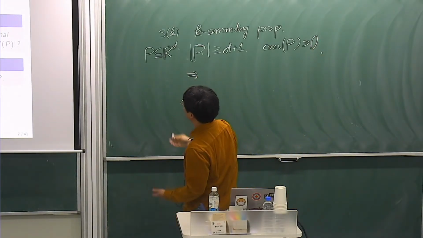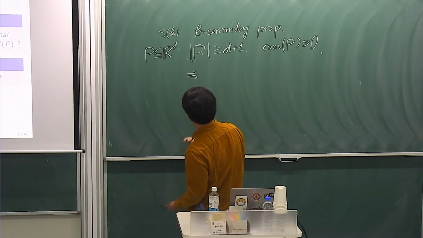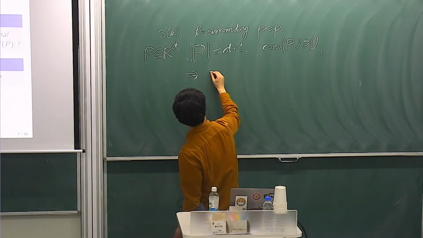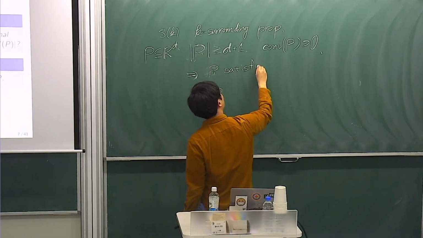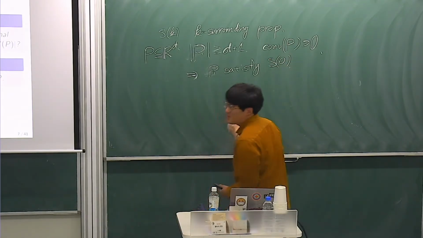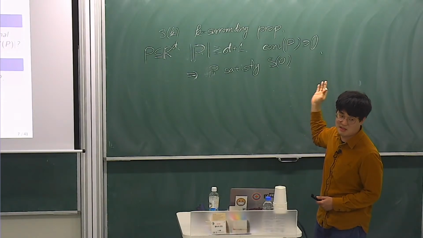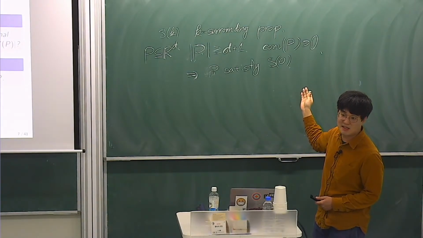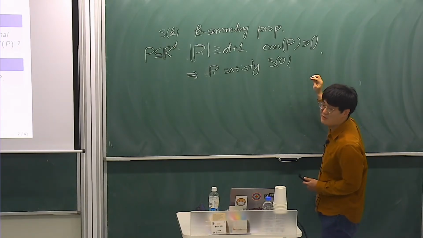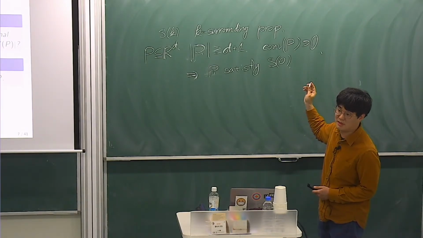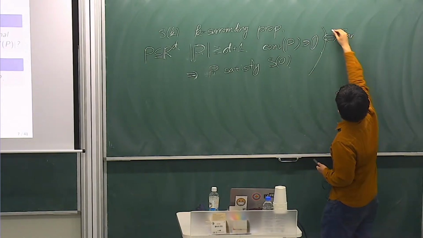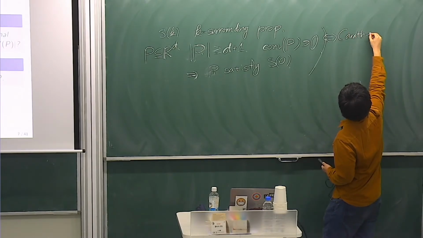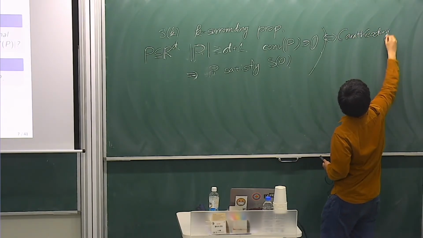It is just a reformulation of an earlier, very famous theorem. Is there someone who can guess what this theorem is? Have you ever heard of the Caratheodory theorem? This is actually equivalent to the Caratheodory theorem.